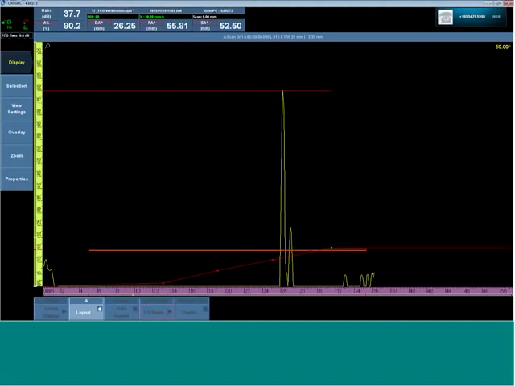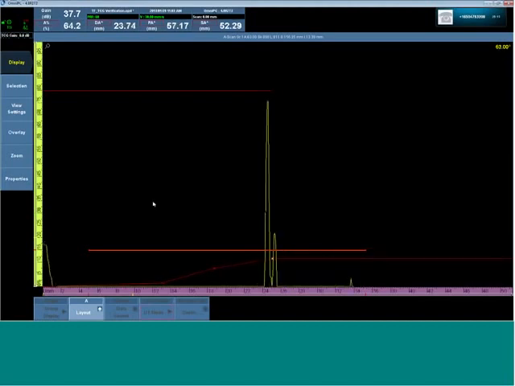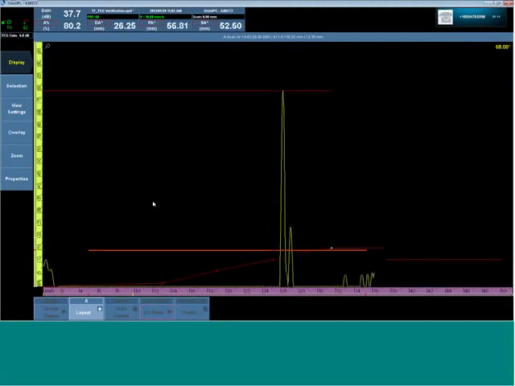The A-scan you're seeing here was generated with a phased array probe, a focal law calculator, and the associated instrumentation. It's linear, it's repeatable, the time base can be calibrated, the amplitude and TCG can be calibrated.